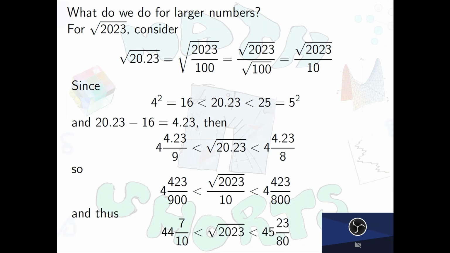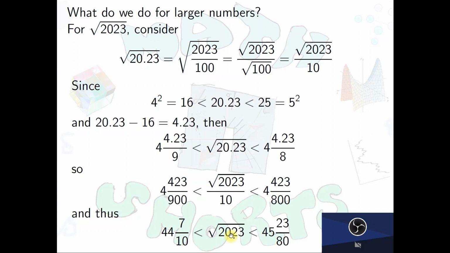And if I do that, I find out that the square root of 2023 is somewhere between 44 and 7/10 and 45 and 23/80. So after one go of this, I've managed to get an idea of basically the whole number: it is between 44 and 45, somewhere in there.